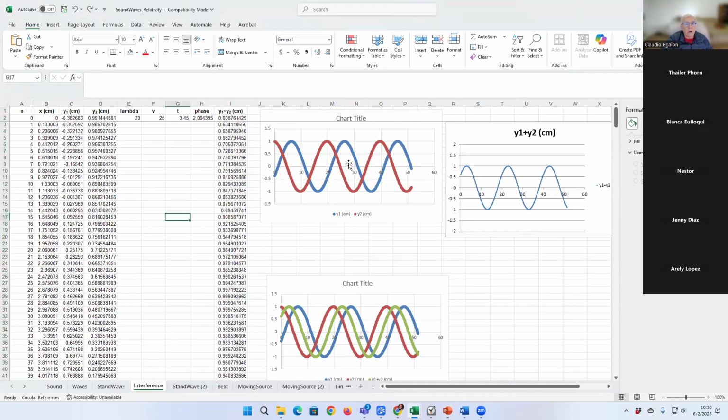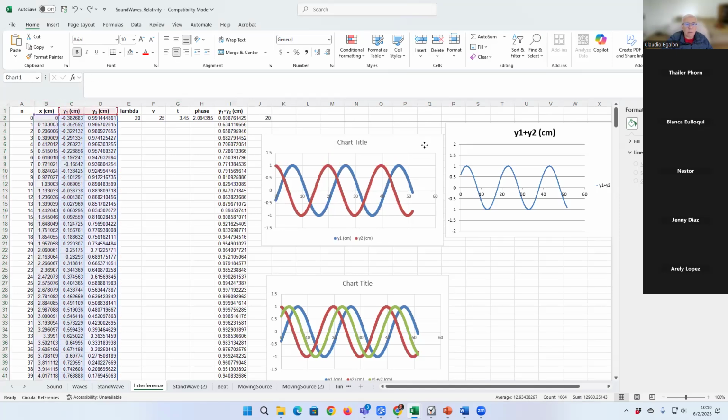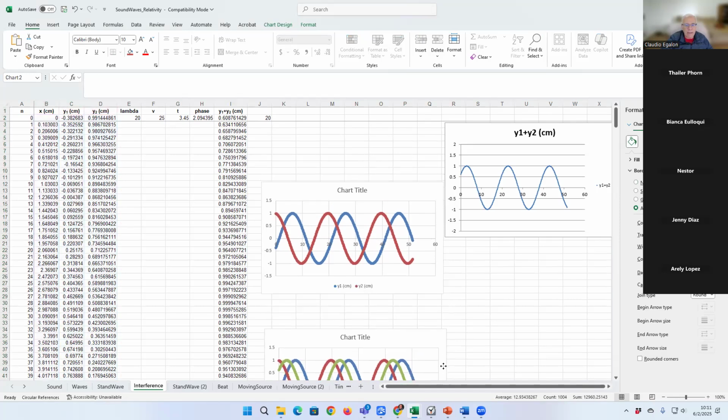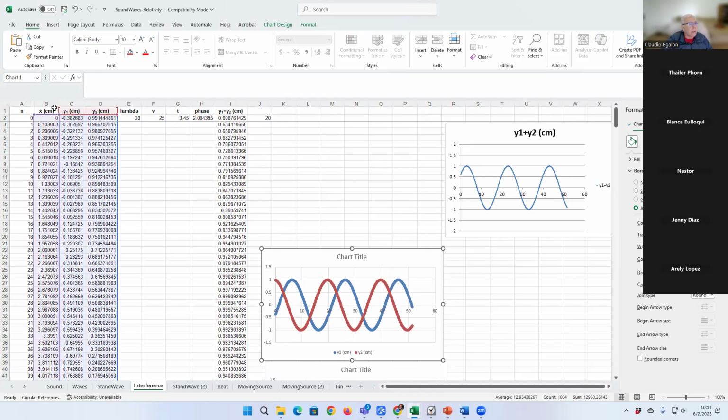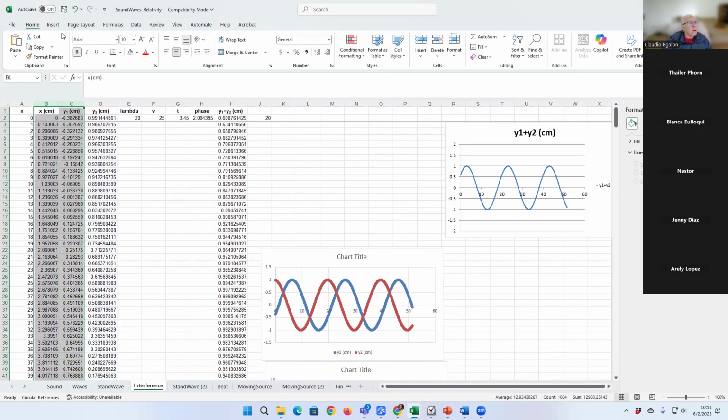So let me plot those two waves separately in separate graphs, so you can understand better, at a given instant of time. We need to review that so you can understand the optical waves.